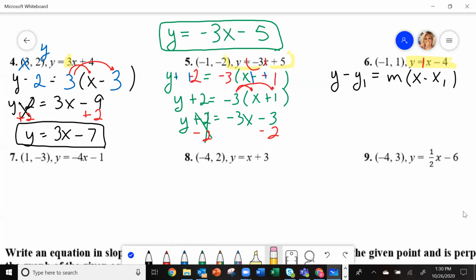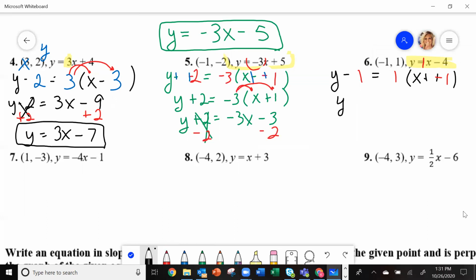So that's my slope. So I'm going to go in here at m and I'm going to put a 1. My x number is that -1, so I'm going to put -1 here. My y number is the +1. Are there any minus and negatives? Yes, there are. Right here, it changes to positive.